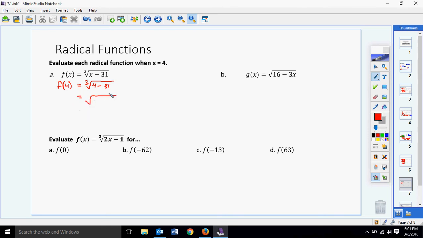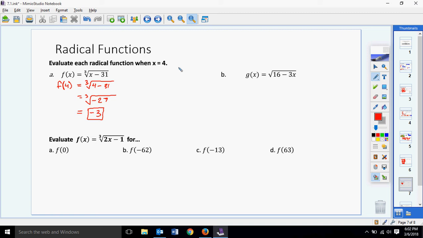So that's the cube root of negative 27. We can take a cube root of a negative number, and that's going to give us negative 3. Negative 3 times itself 3 times would give me negative 27.